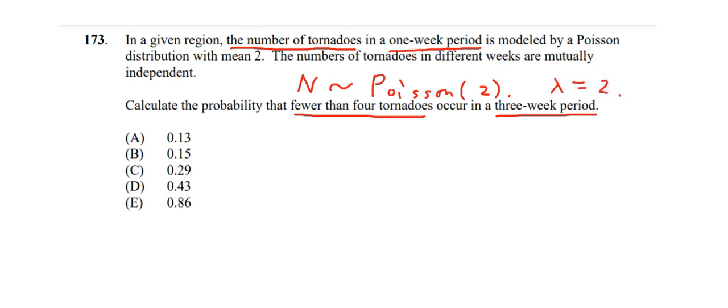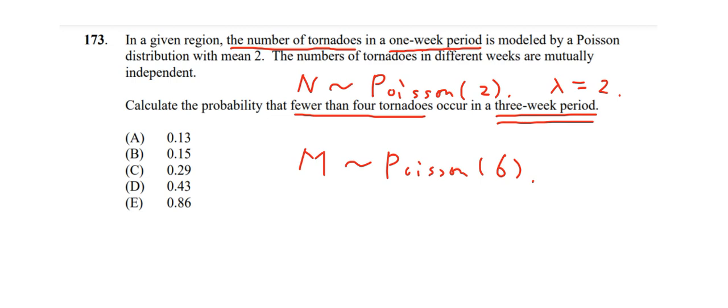Okay, so now we consider a 3-week period. Let's say I just put this as n, the 3 weeks. So this mean should be 6, right? 1 week average is 2, then 3 weeks average is 6.